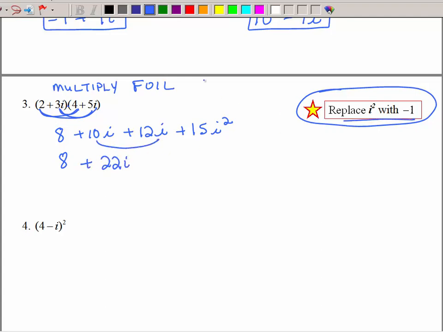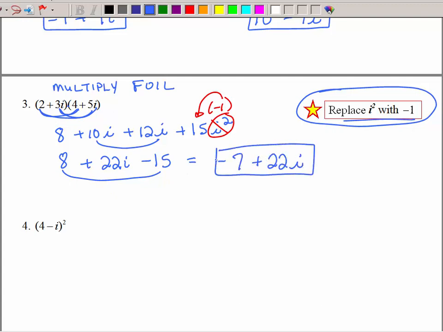I'm going to replace i squared with negative 1. So what happens when I multiply a negative 1 times a positive 15? I get a negative 15. Not done, because now those are real numbers. I can add those together and I get a negative 7 and then plus 22i. So you're going to FOIL it, and then you're going to replace any i squares with negative 1.